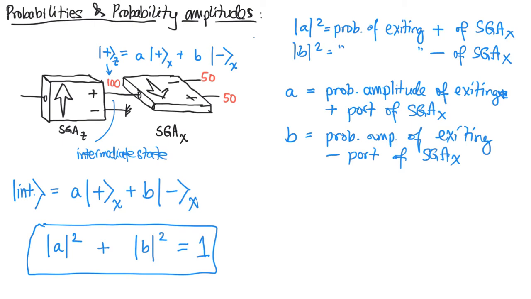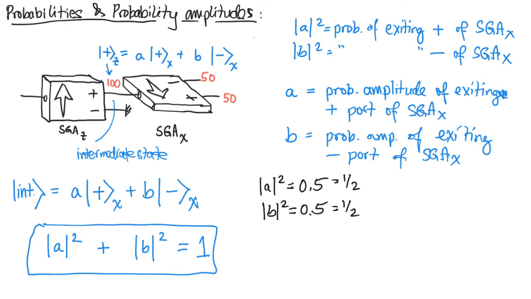Okay. Now here we know something about what A and B have to be, because we know that mag A squared has to be 0.5, and we know that mag B squared has to be 0.5. Okay. So we have a few options for what A could be. Remember, 0.5 is 1/2.